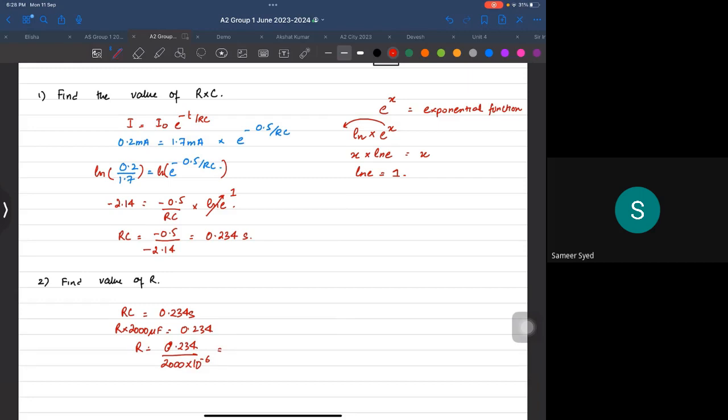So this comes out to be something like 120 ohms. Do you guys understand? So remember this, please.